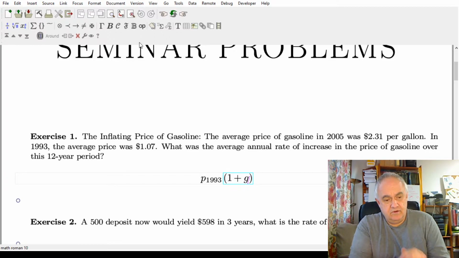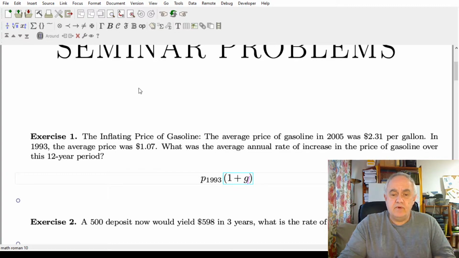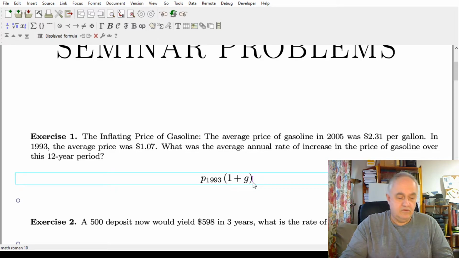3%. Okay, the price in the following year, 1994, will be the initial price times 1 plus 3%. So this growth will keep on existing until we reach the final year, 2005.